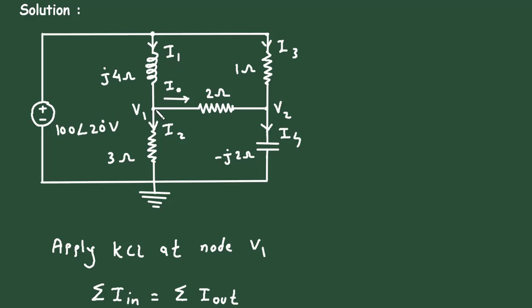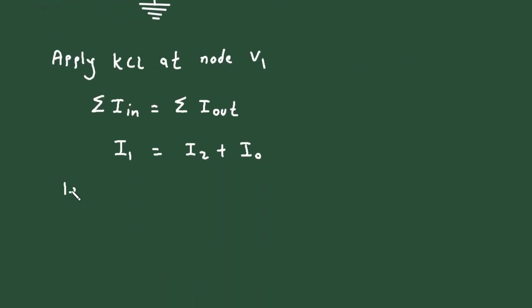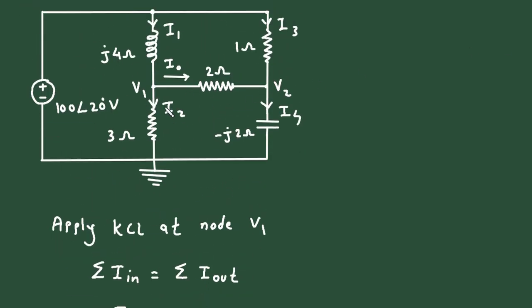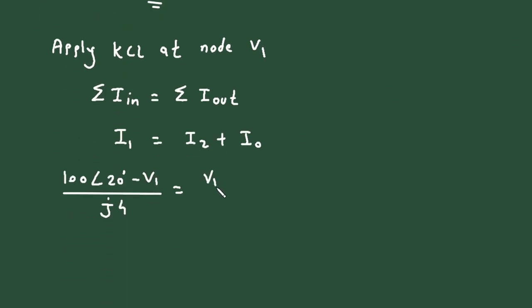Now let's write this I1 in voltage form. So it will be this node voltage is 100 at an angle 20 degree minus V1 divided by j4. It is equal to, now this I2 is V1 minus 0 divided by 3.